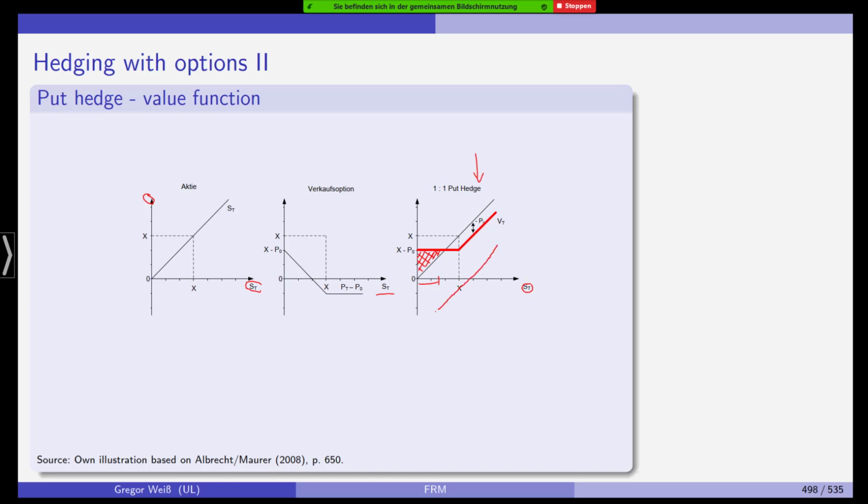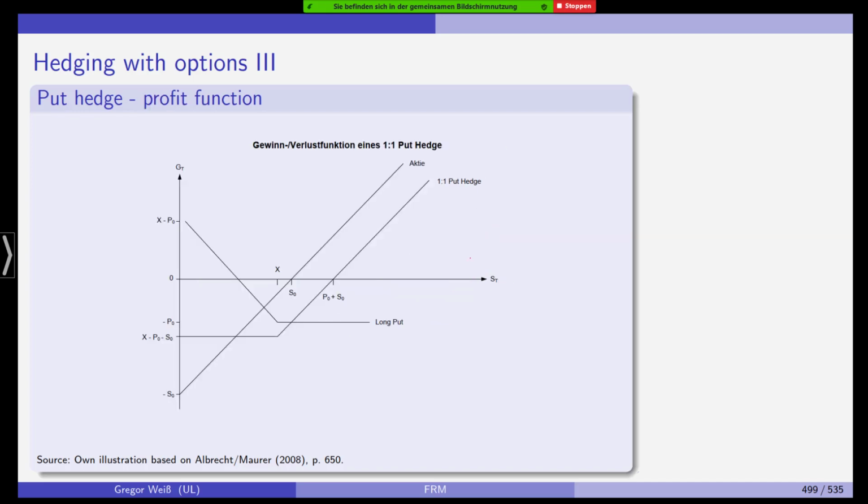So it will probably look like this. And you can see it's exactly this. So you have to subtract S0, and you get the profit and loss function of the whole one-to-one put hedge, that is including the price you had to pay for the underlying.